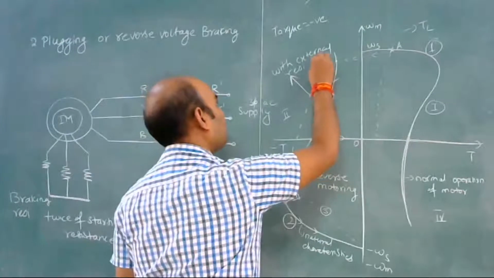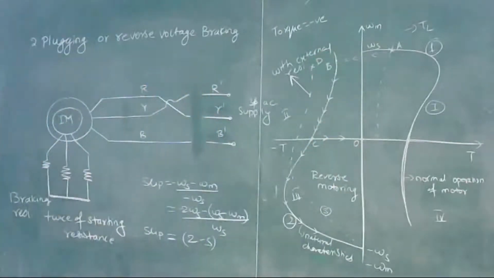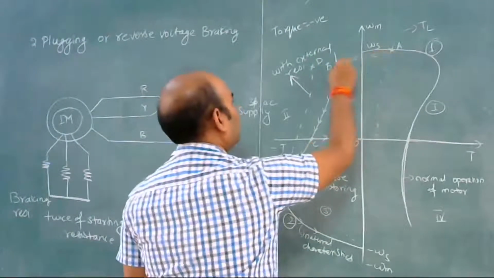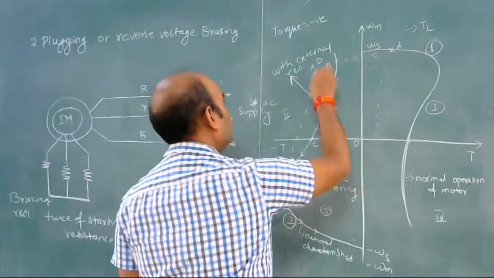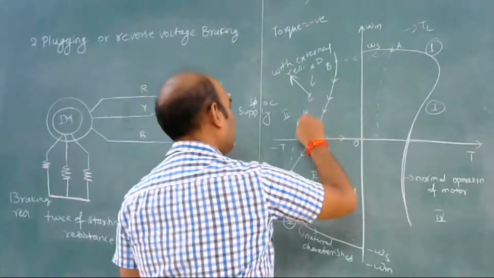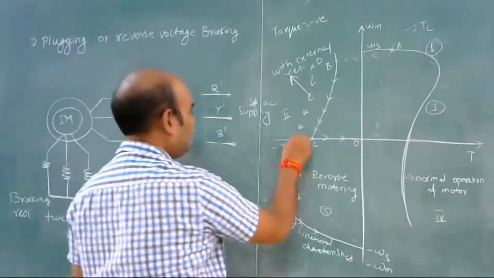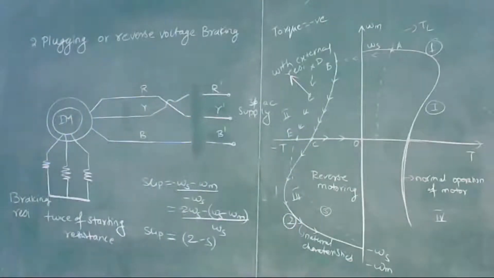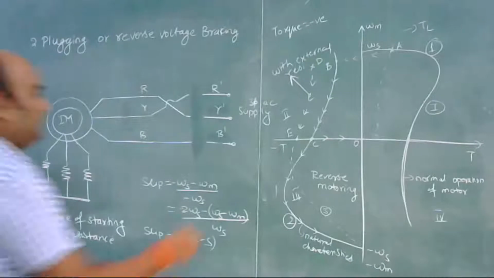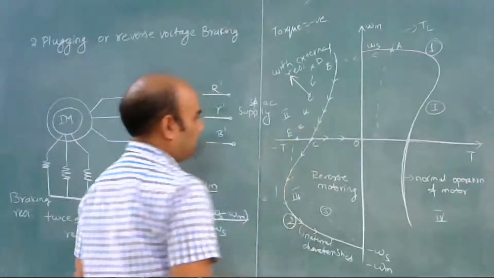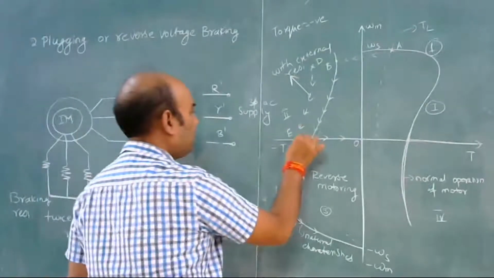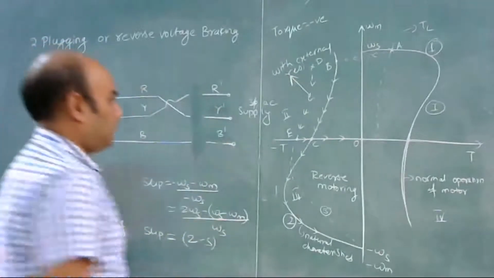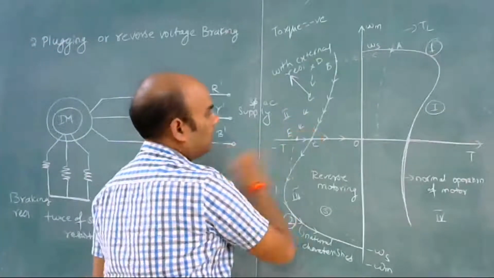Let's suppose this is point D. So the operating point will shift from B to D, and again it will decelerate like this, and at point E we get 0 speed. Again, if we have a zero speed detector, it will detect zero speed, and we disconnect the motor from the supply, and the motor can be stopped quickly.